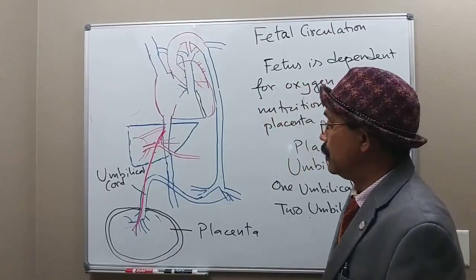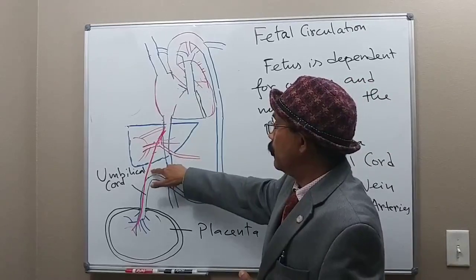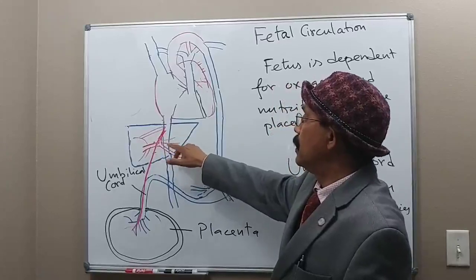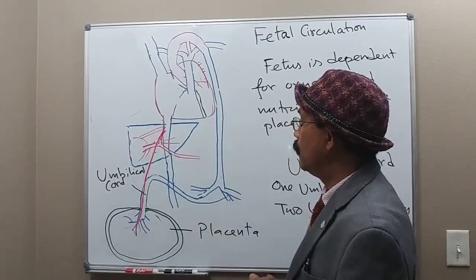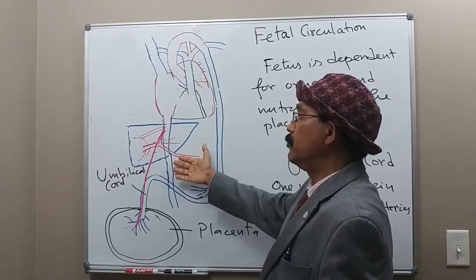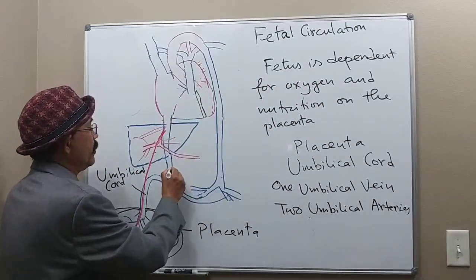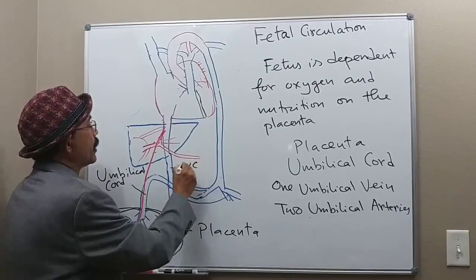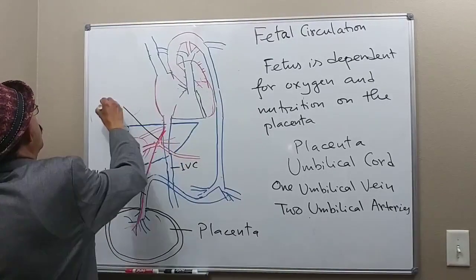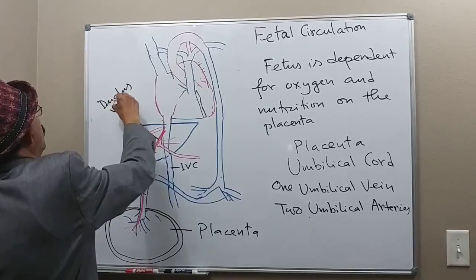Then what happens? It goes to the liver. Here in the liver we have multiple structures in relationship to it. This is the inferior vena cava, IVC. This is the ductus venosus.